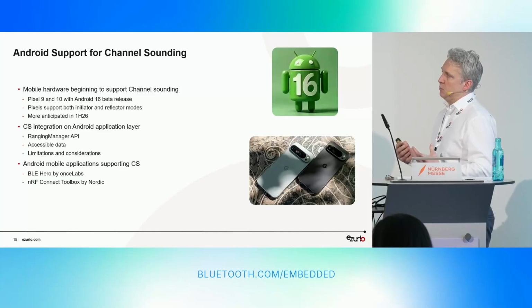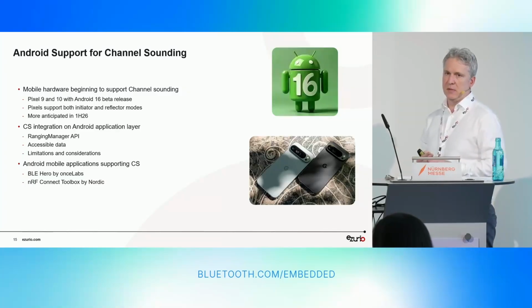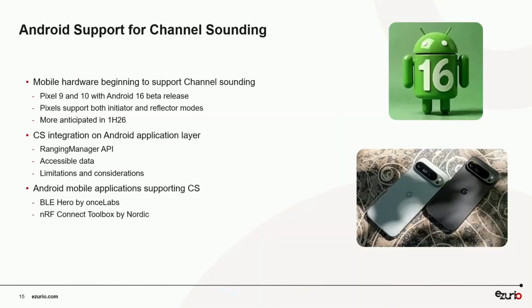There is no support, as it stands at the moment, in the iOS or Apple ecosystem, and no statements of support coming out from Apple. It's only my personal opinion, but it has to go that way. They will be moving in this direction. But as of today, if you're looking to test channel sounding on a mobile phone, you're limited to the hardware from Google and then Android 16 at the moment.